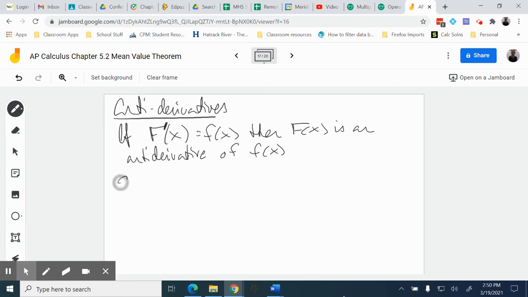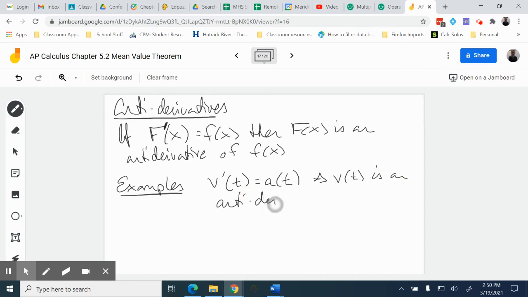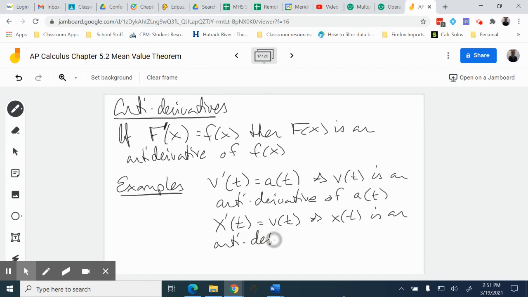Our examples that we have looked at is that since the derivative of v is equal to a, therefore v is an antiderivative of a. Since the derivative of position is velocity, then position is an antiderivative of velocity.